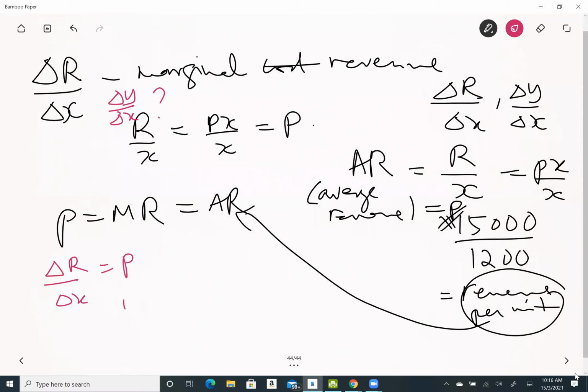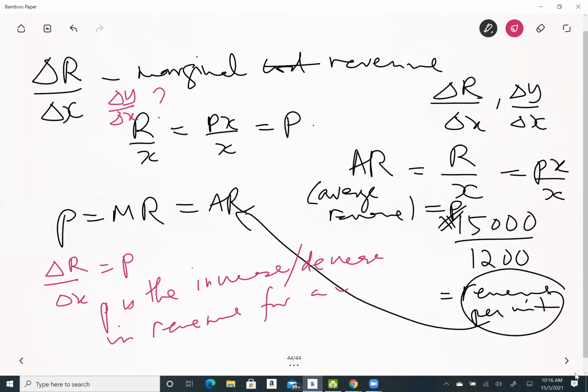It means P is, since it's positive, the increase, or it can be a decrease. Decrease or increase in what? In revenue, for a unit increase in X, in the good sold.